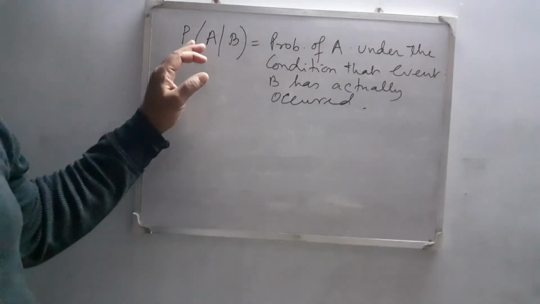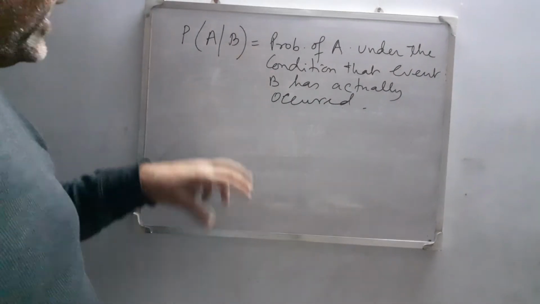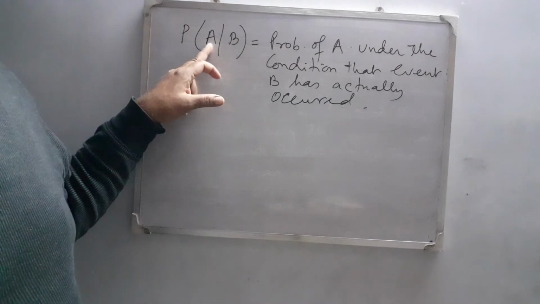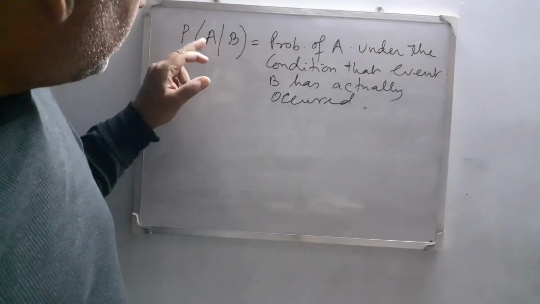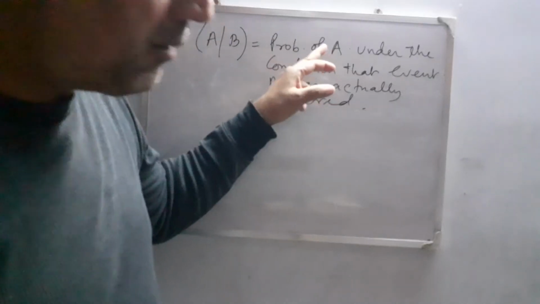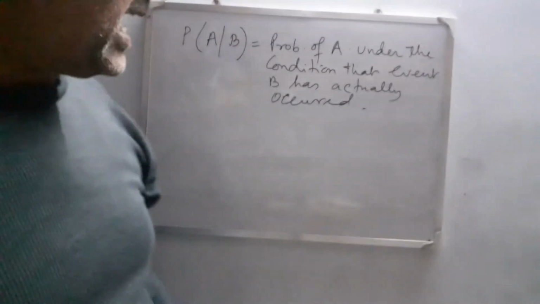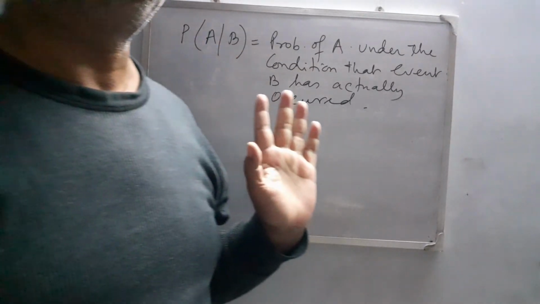Remember, PA/B indicates probability of A, but after the occurrence of event B.